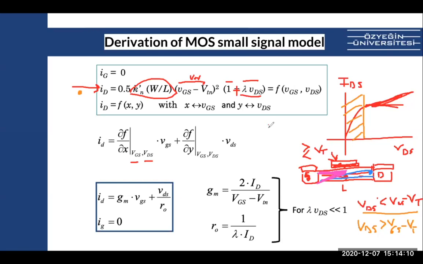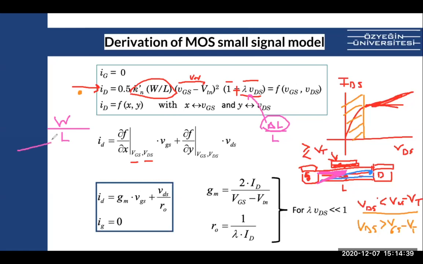And you call it delta L over L, alpha. This change in the channel is basically how you show the change in the current, because the formula was width over length, right?